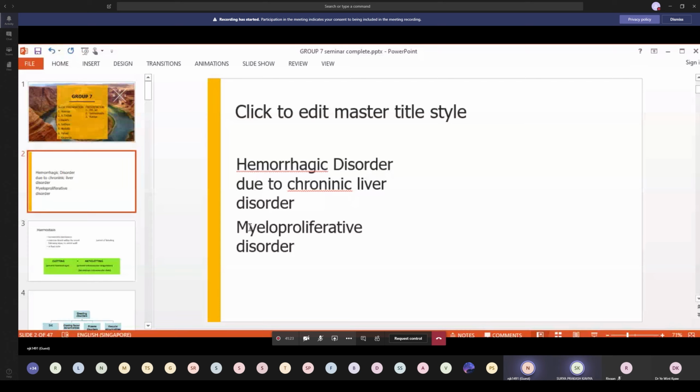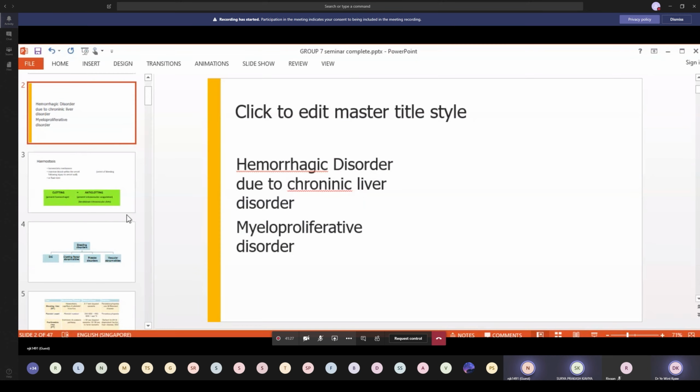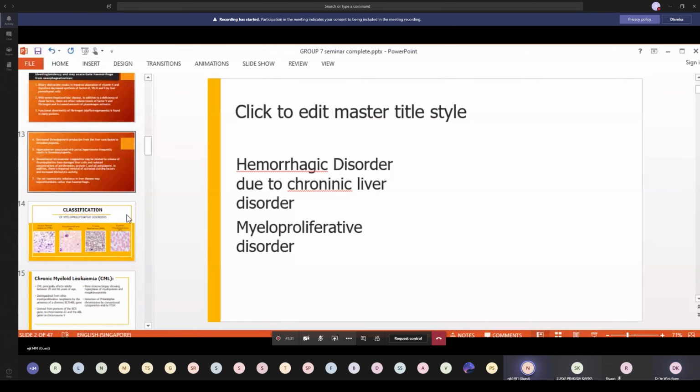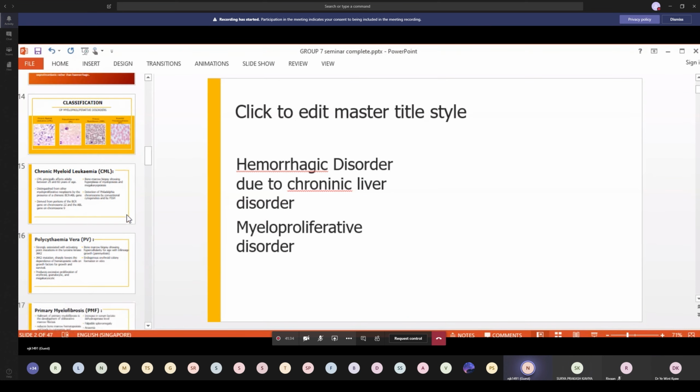Next we go into myeloproliferative disorder. As the name implies, it is a proliferation from the stem cell, which breaks into two lineages. One is myeloproliferative and the other is lymphoid.